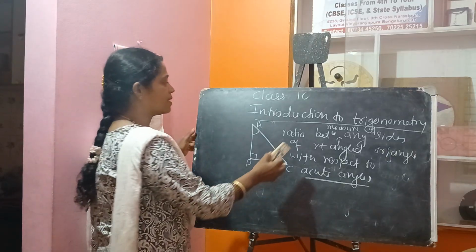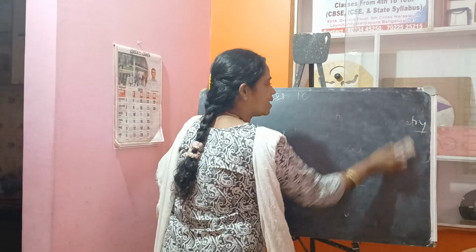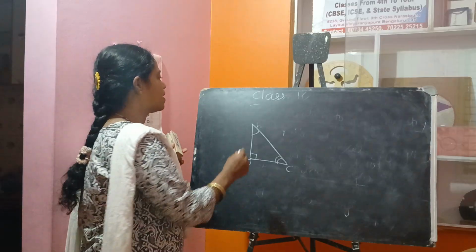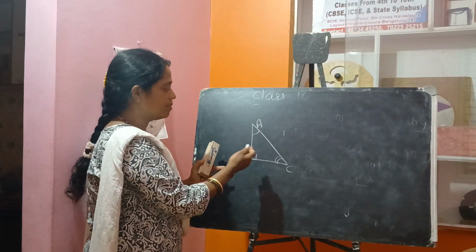See, in any triangle, how many ratios can we form? Obviously every triangle has three sides: AB, BC, CA.